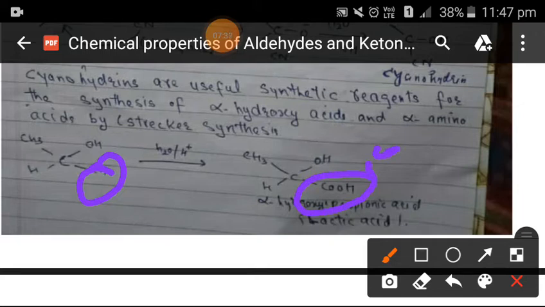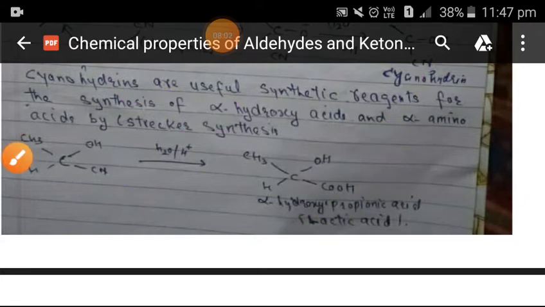It has a different mechanism, but there is no need to discuss the mechanism of this alpha hydroxy acid synthesis here. So you will see that the application of this cyanohydrin is as a useful synthetic reagent, where we prepare alpha hydroxy acids and alpha amino acids.